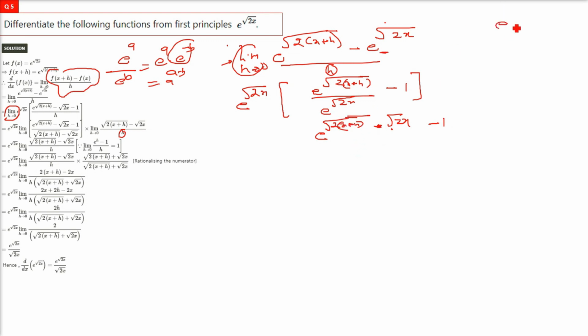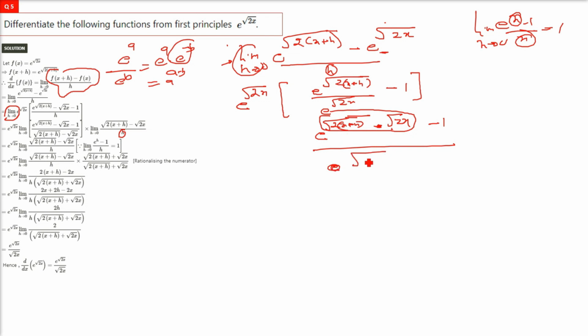Now this whole term, you know that e raised to the power x minus 1 by x, limit x tends to 0 is going to be 1. So this whole term I want in the denominator. So I will introduce this term in the denominator, under root 2(x plus h) minus under root 2x, and this should also be in the numerator. So under root 2(x plus h) minus under root 2x. Same term which is in the raised power of e, you need to have here also.